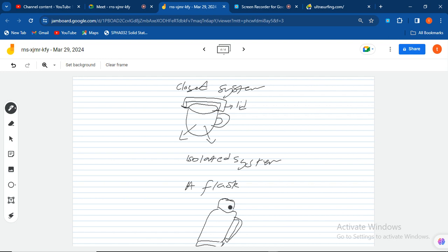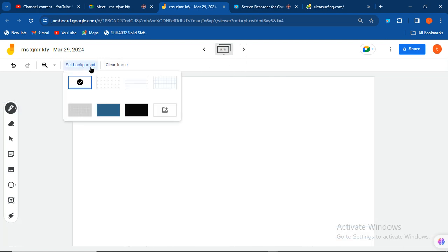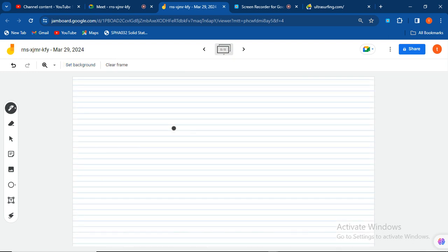So there's a difference between real and ideal. The ideal one is supposed to retain the temperature, but the real one is what we are having now. So we just assume that this flask is an isolated system. Okay, good.